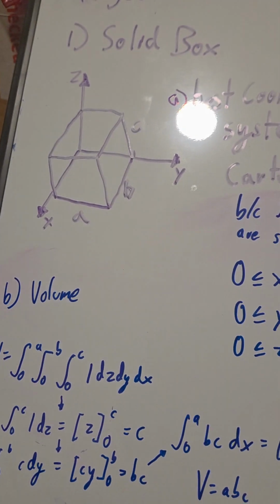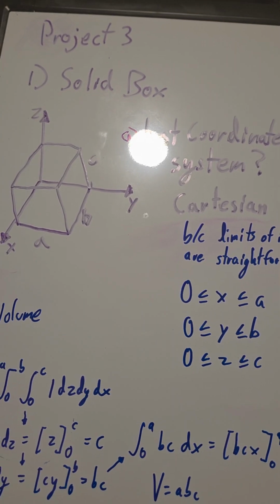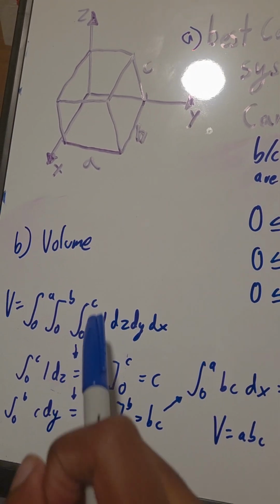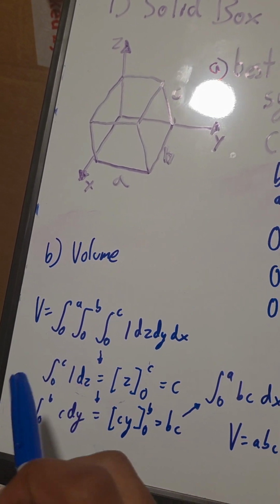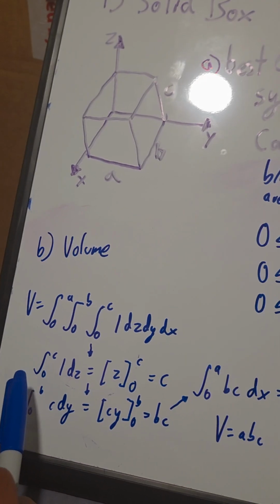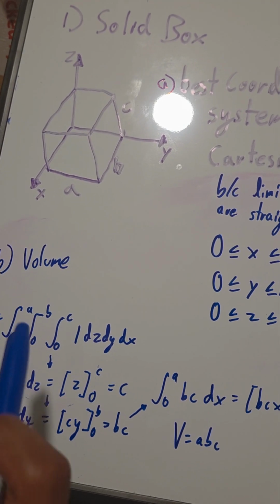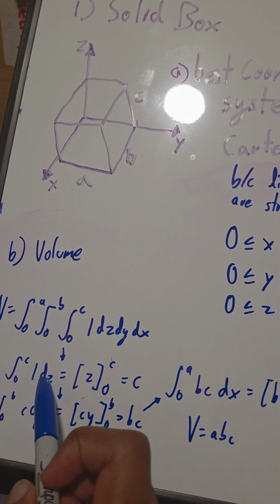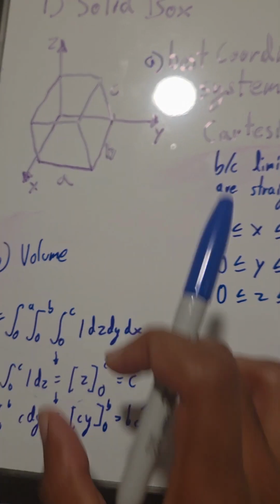All right, going on to the volume. Just need to set up an integral with 1 as the integrand, which you can see right there. Then I integrate, starting on the inside with respect to z, as you can see here, 1 dz. From 0 to c, I get c.